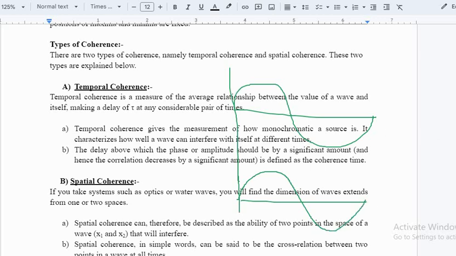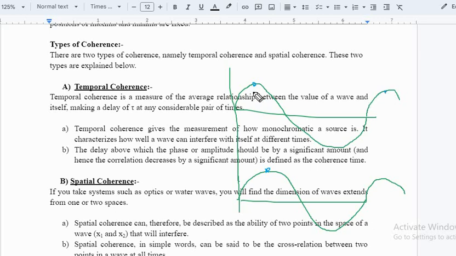Just consider a good pattern of sinusoidal wave, and they are identical. Now you can think about another node over there. At one point the electric field is fluctuating, and here also the electric field is fluctuating. With time it covers some distance.